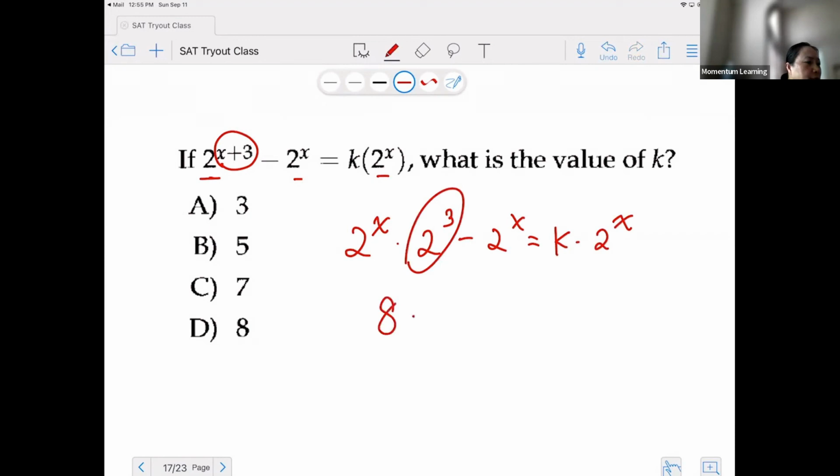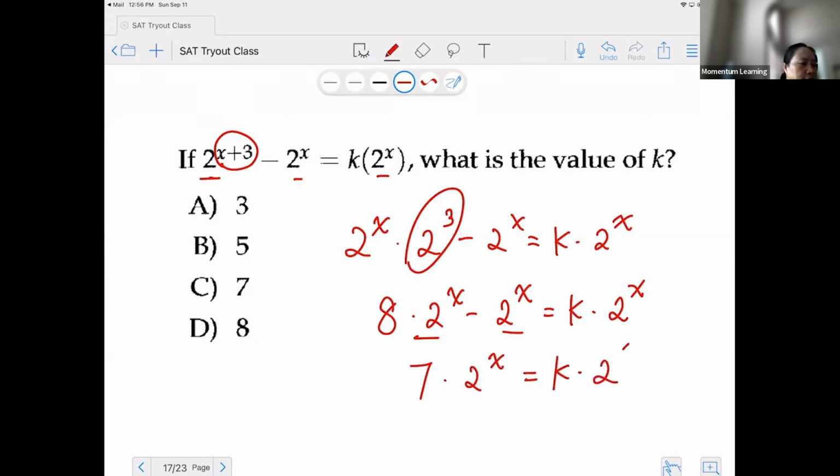So 8 times 2^x minus 2^x equals k times 2^x. I can factor that out. So 8 times 2^x minus 1 times 2^x, that total is 7 times 2^x. 7 times 2^x equals k times 2^x, and then k equals 7. So you will just expand it out, and then figure out what k should be. This actually I saw multiple times on the SAT problems.